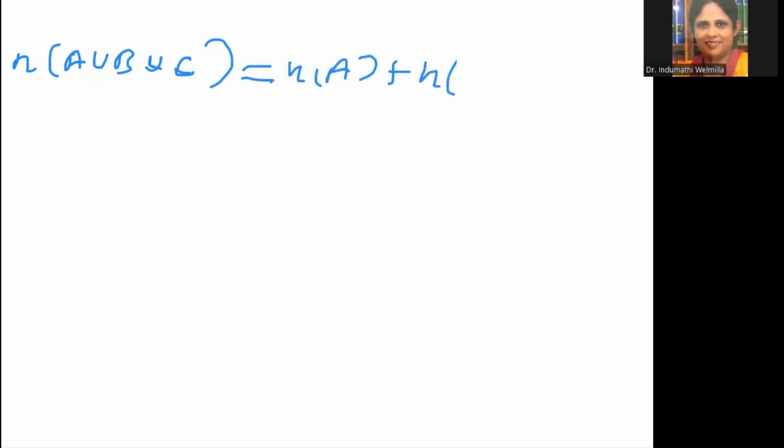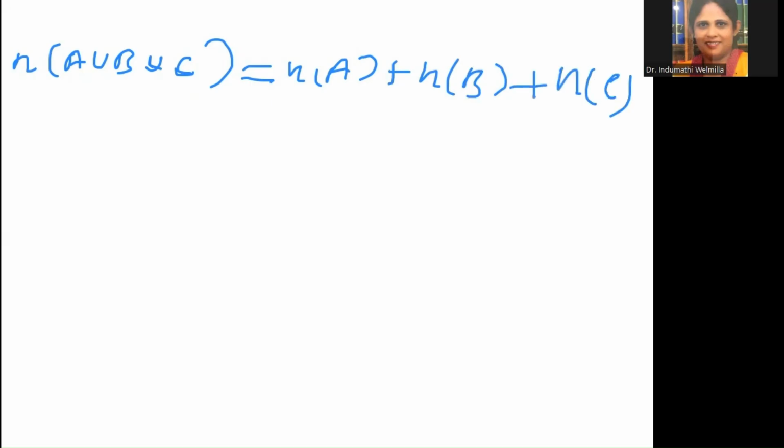And another thing is, if we have three sets A, B, C, then n(A union B union C) should always equal n(A) plus n(B) plus n(C).